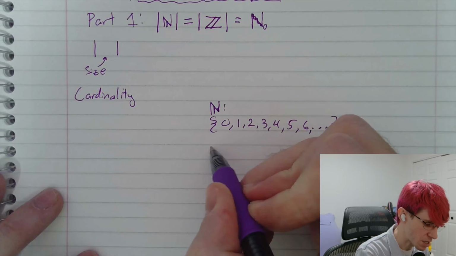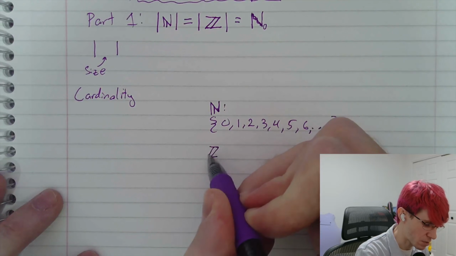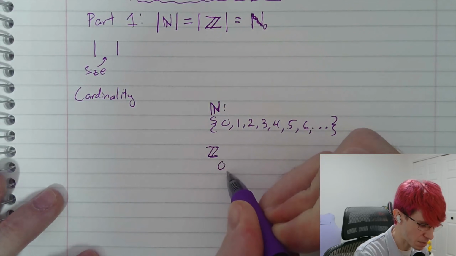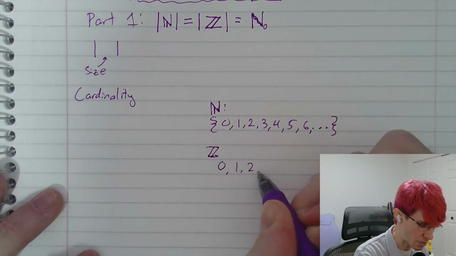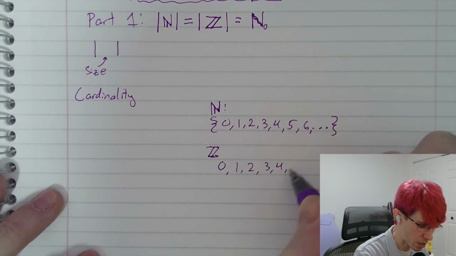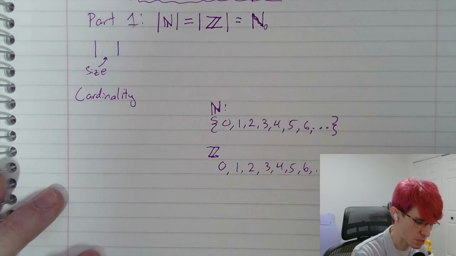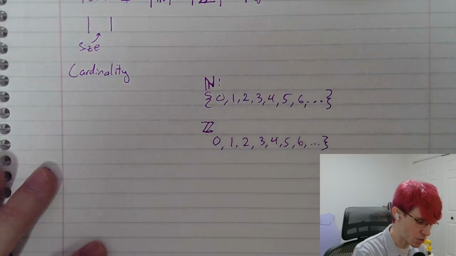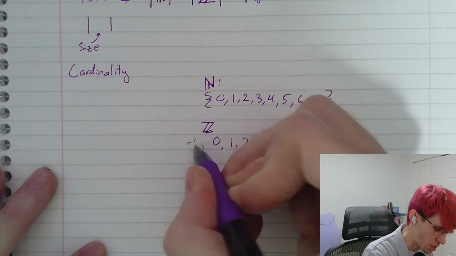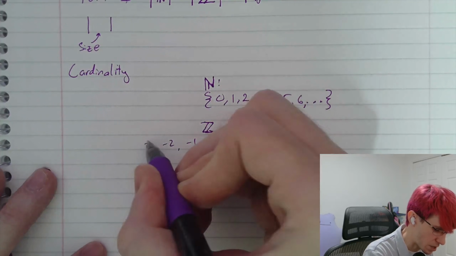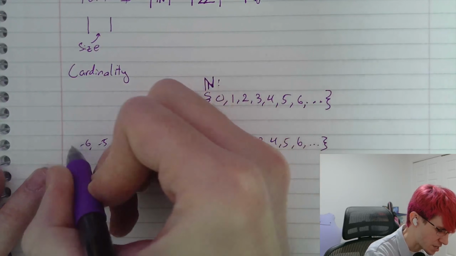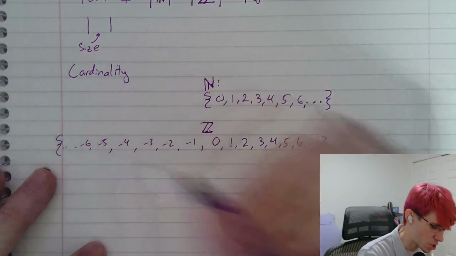Now Z, the integers. Here's the part where I'm going to visually trick you. I'm going to write that 0 in exactly the same spot, and then the 1, the 2, the 3, the 4, the 5, the 6 and the dot, dot, dot all in the same spot. However, the integers also go the other direction. They also go into -1, -2, -3, -4, -5, -6, and go on in both directions.